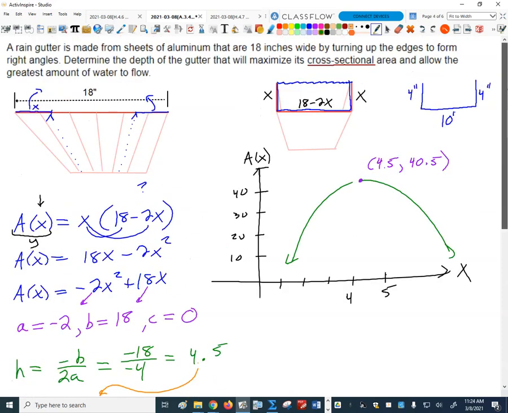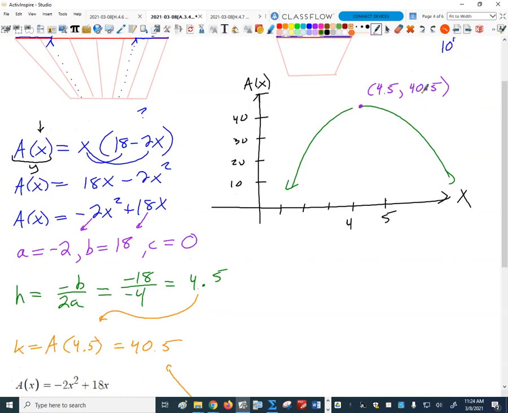We're trying to find a maximum for volume, right? Well, maximum for cross-sectional area, so we can maximize the water flow, right? And so what does this tell us then? What do the coordinates of the vertex tell us? Well, the 4.5 tells us that the depth equals 4.5 inches, right?